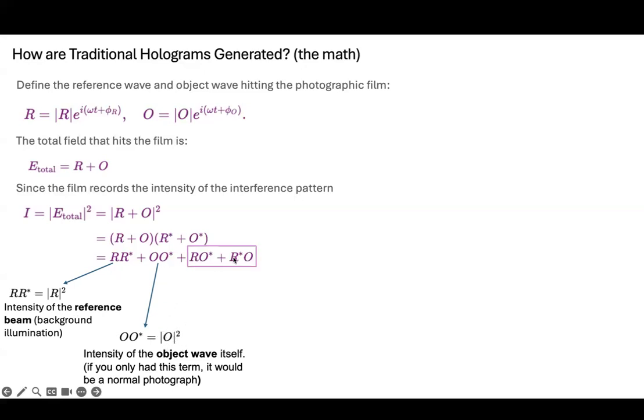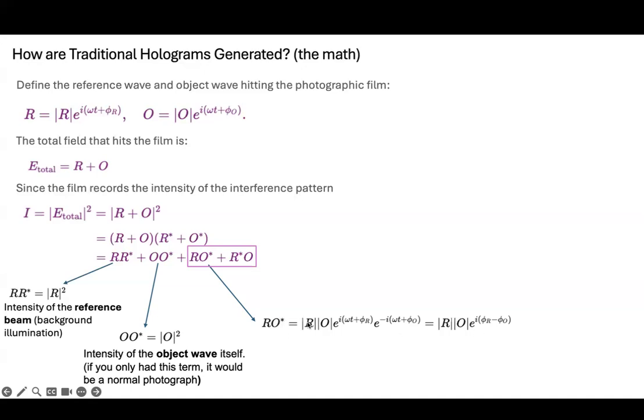The really interesting part is the complex terms that are left here, the third and fourth terms. So R O star is the reference wave times the conjugate of the object wave.